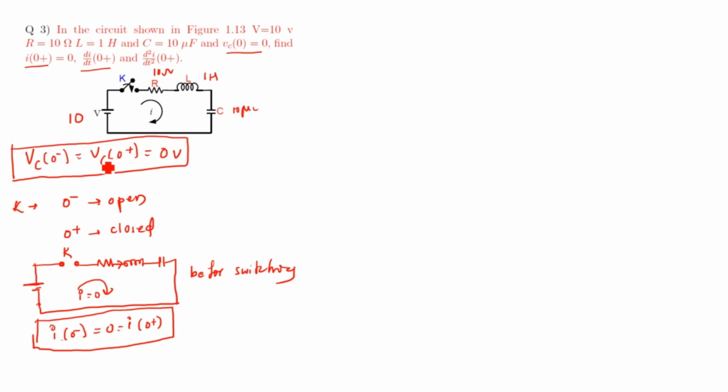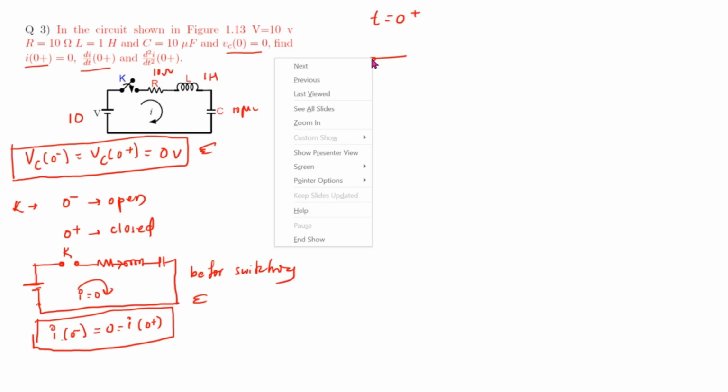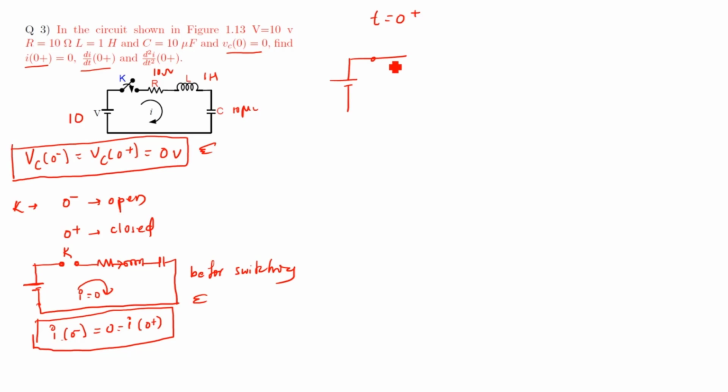Alright, so we know the equivalent circuits, and we know the properties of the capacitor and the inductor. Then let us draw the equivalent circuit immediately after switching. Immediately after switching, the status of K is closed. Resistor should be written as it is.